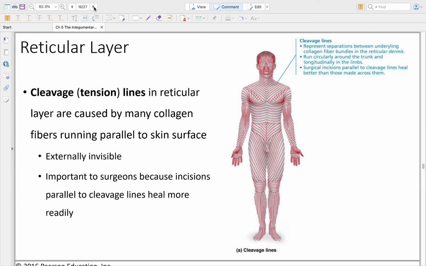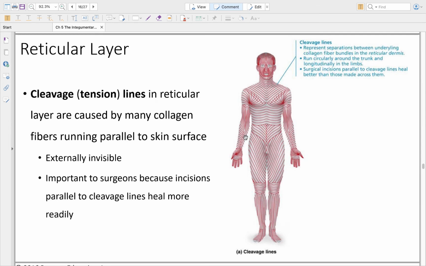In the reticular layer, we have something called cleavage tension lines. Now, ultimately, their pattern is from collagen fibers running parallel to the skin. So this is a print of all of these cleavage lines, and externally you can't see them, but they're important because surgeons use those cleavage lines to make incisions.